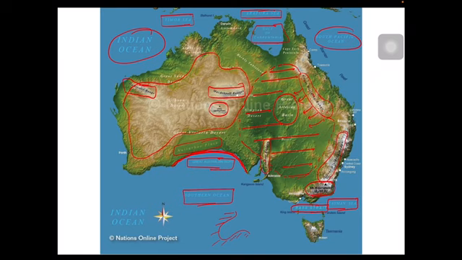Geography people can fairly relate their content with Ayers Rock. Next are the Kimberley Plateau, Arnhem Land, and Cape York Peninsula. These are the physical features that I would like you to pay attention to.